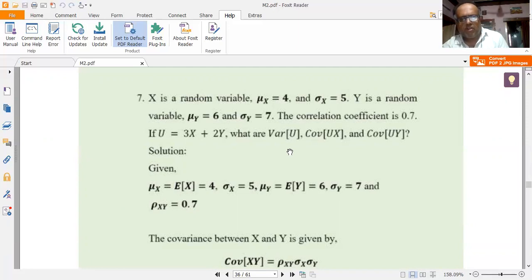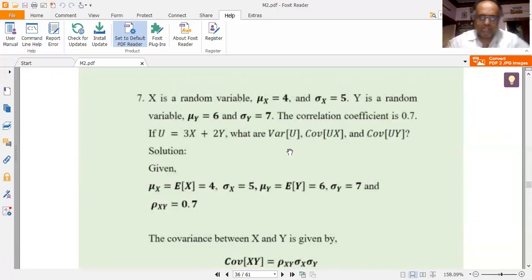The correlation coefficient is given by 0.7. So he has given me two random variables x and y whose mean and standard deviations are given. He has given the correlation coefficient rho xy to be equal to 0.7. He has given another random variable capital U, which is equal to 3x plus 2y.